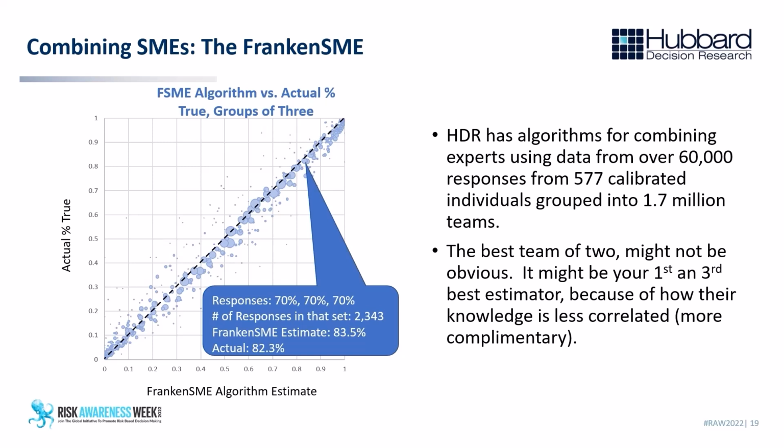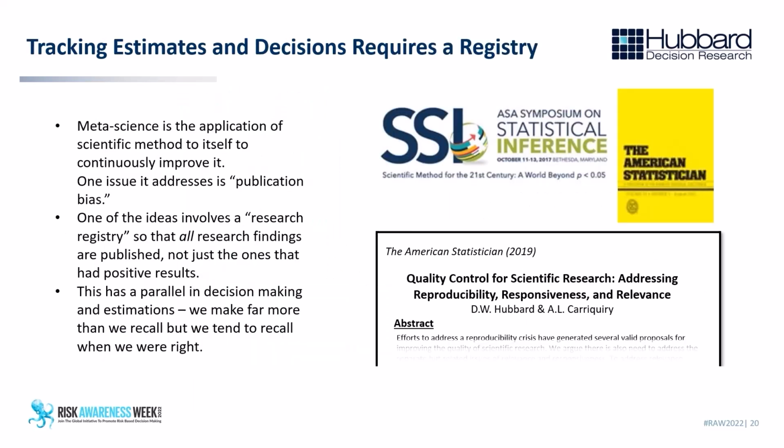So how do we combat this? Well, I guess I was partly influenced by some work I did with the American Statistical Association. Back in 2017, I was on their organizing committee for the ASA Symposium on Statistical Inference.